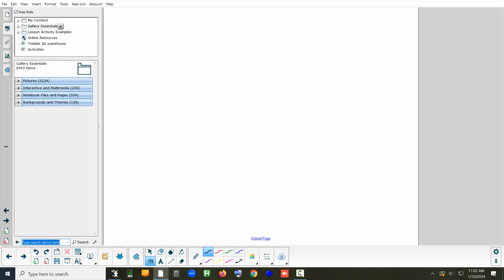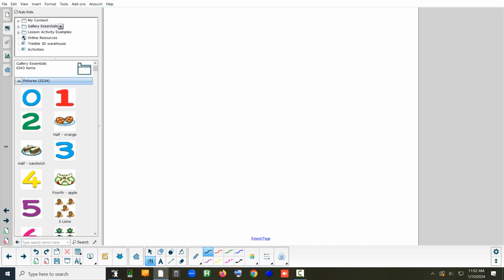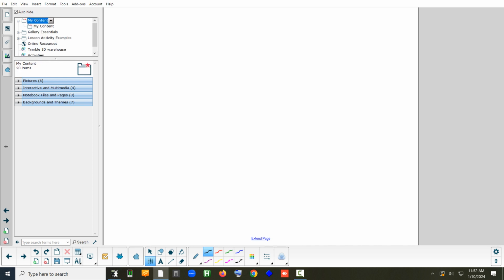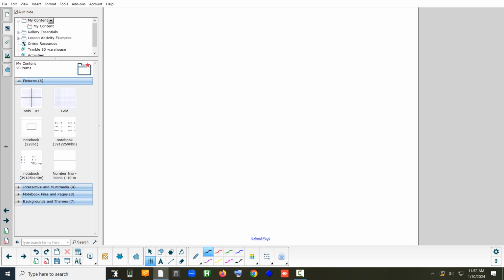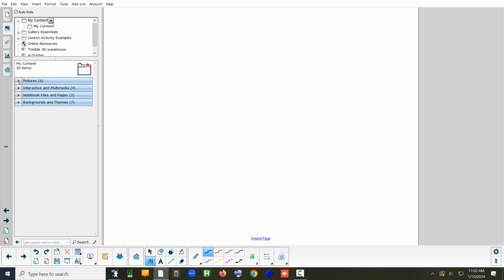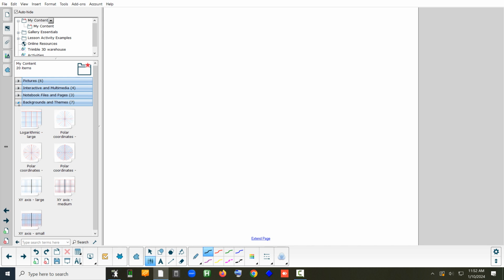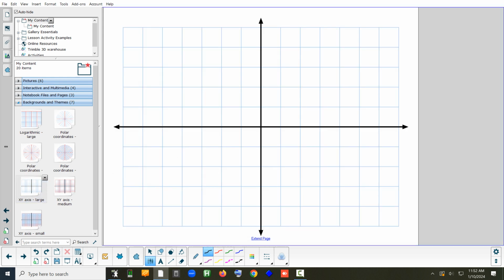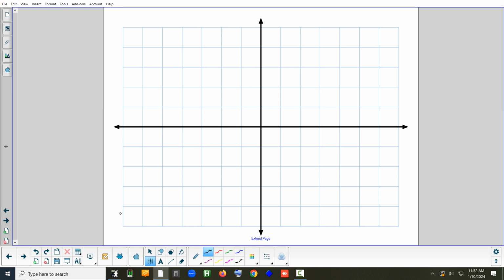If you're not sure why, let's look at this picture. The unit circle would be kind of like right in here. That's a circle with a radius of 1.